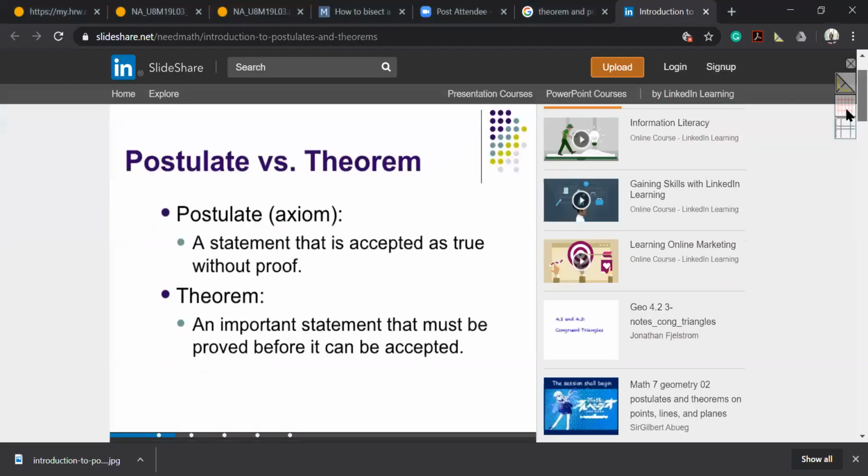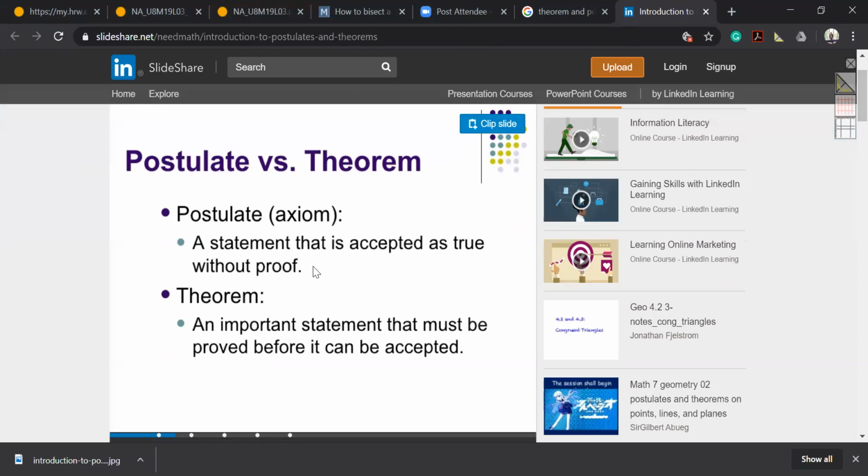Okay, actually, before we start solving number 4 and 5, we need to know the main difference between postulate and theorem. Postulate versus theorem. I think we mixed them up before. So actually, a postulate is a statement that is accepted as true without proof, which means it's always true. You don't need to prove it.